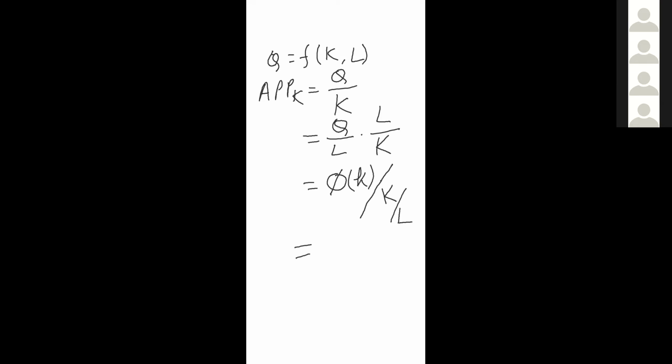Yes, ma'am. Then we can write phi of small k divided by small k. That means here is the average physical product of capital. This is also a function of capital labor ratio. Is it clear?